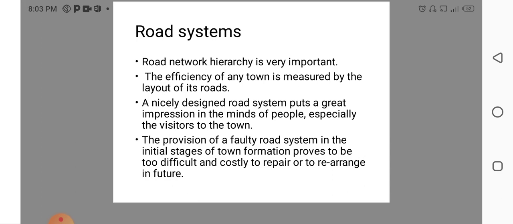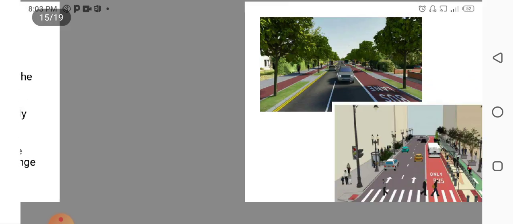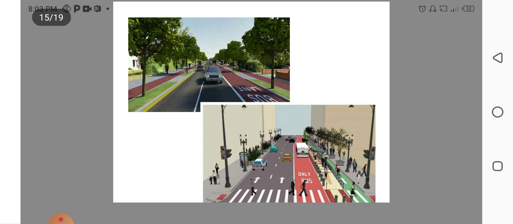Provision of a faulty road system in the initial stage of town formation proves to be too difficult and costly to repair or rearrange in future. So it should be planned in a good manner. Here you can see some pictures of road system plans.